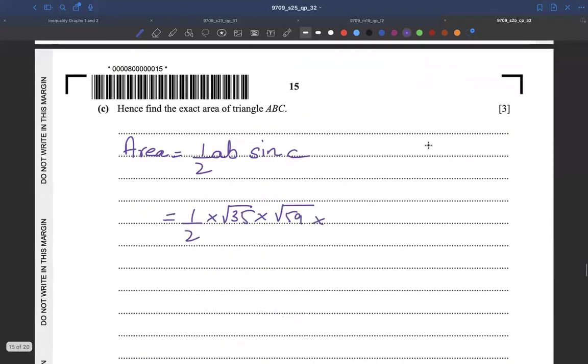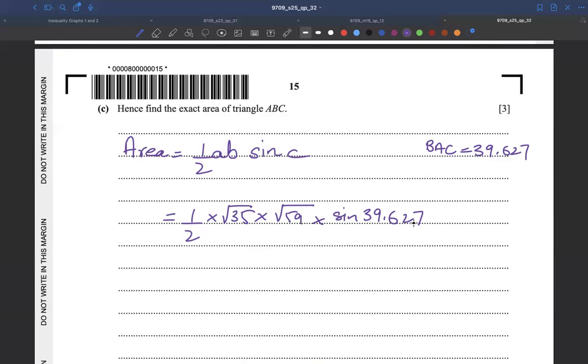So we know that angle BAC, or the angle between the two lengths, is 39.627. So we can use sine of 39.627 multiplied by root 59 multiplied by root 35 and then dividing by 2, that is coming as 14.5.